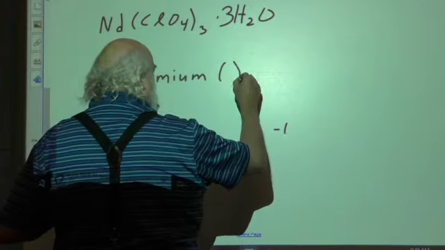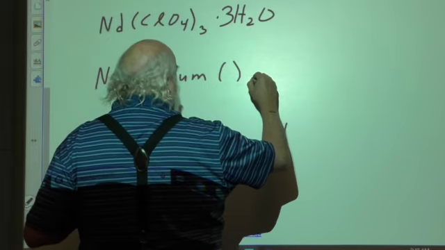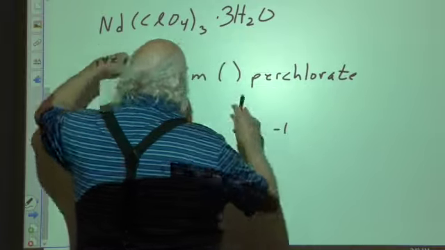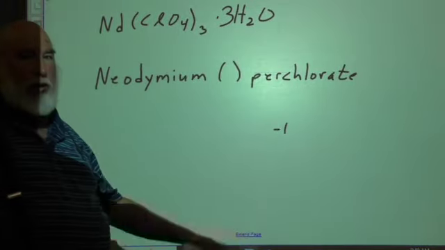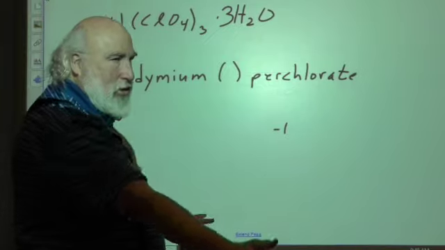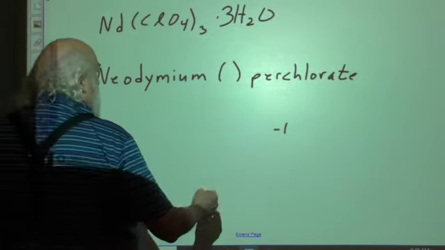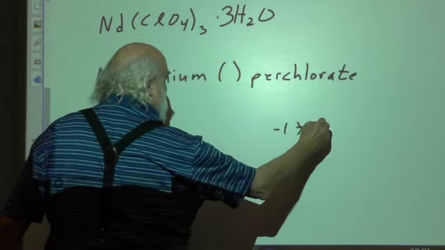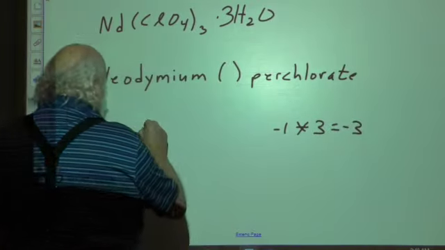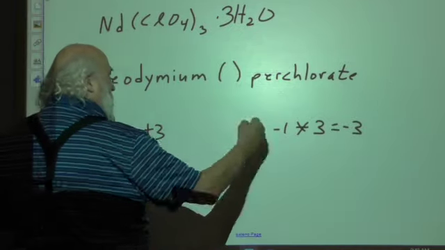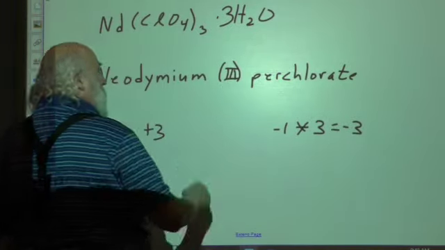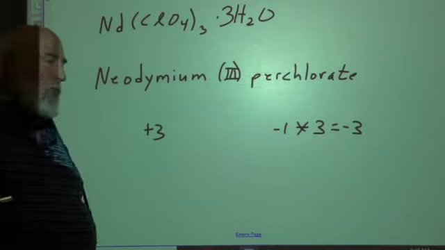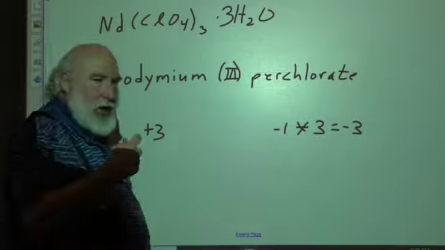Put parentheses right there, and then perchlorate. Now if that were a main group metal, we wouldn't put the parentheses in there. The main group being the first 2 or last 6 columns in the periodic table. We have 3 perchlorate, so multiply that by 3. This is -3. Therefore, this must be +3. Add that up to 0. So there is our name of our compound there. Neodymium(III) perchlorate. This kind of rolls off the tongue, doesn't it?